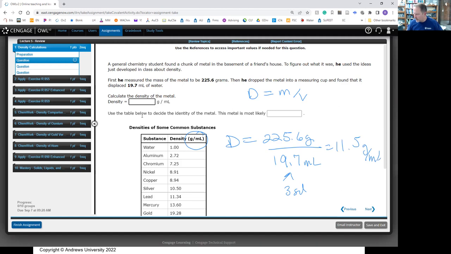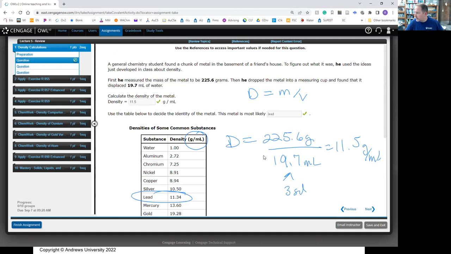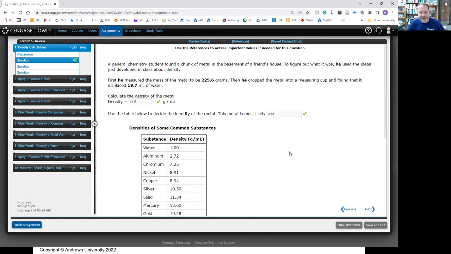And looking at that list there, that looks like lead. Then 11.5, and then I come over here and type in lead, and then I can scroll down and submit my answer, and look at all those nice little green check marks there. Not too bad. And that's how you're going to work on these problems.